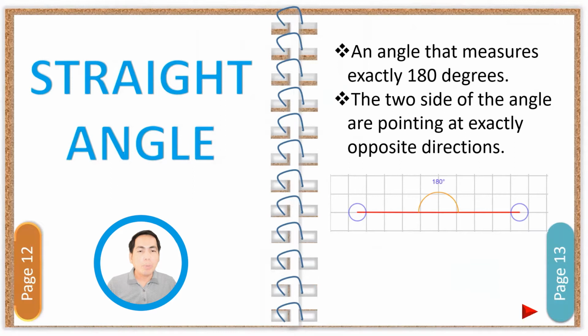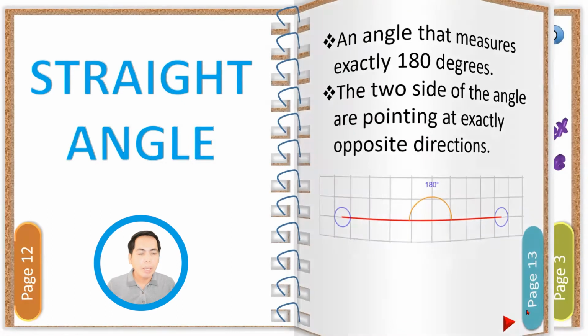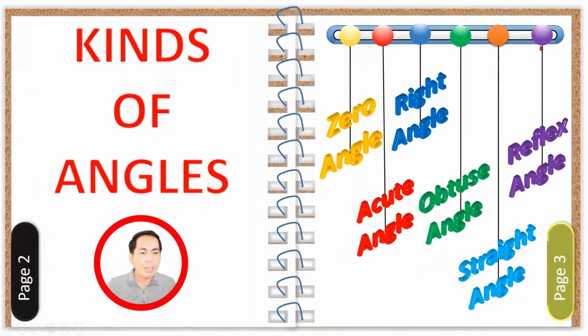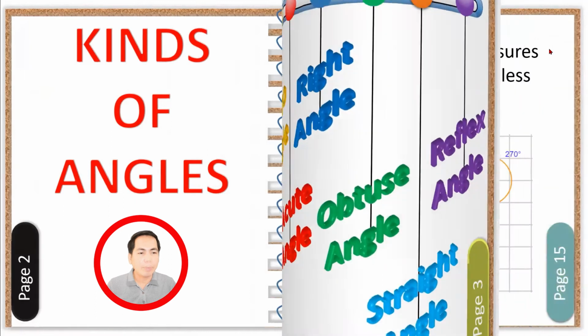So if for zero angle, the two sides are pointing at exactly the same direction, for straight angle, the two sides are pointing at exactly opposite directions. And that angle measures 180 degrees, or a straight line forms a straight angle or an angle that measures 180 degrees. And finally, we have the reflex angle.